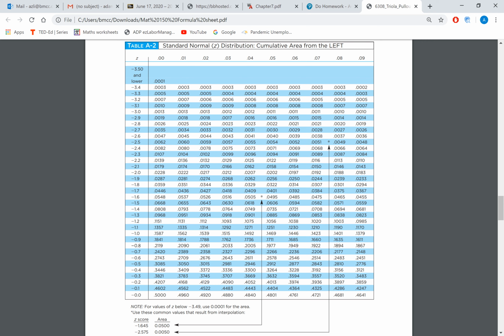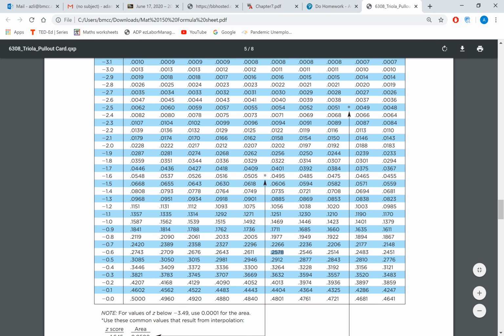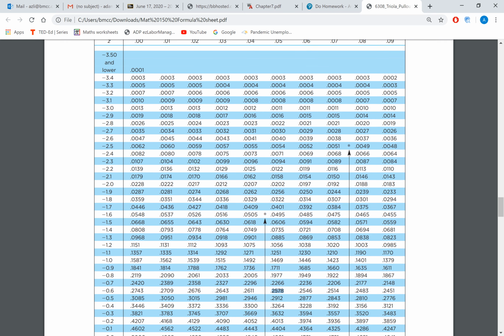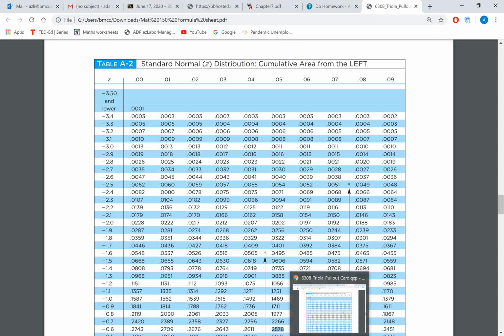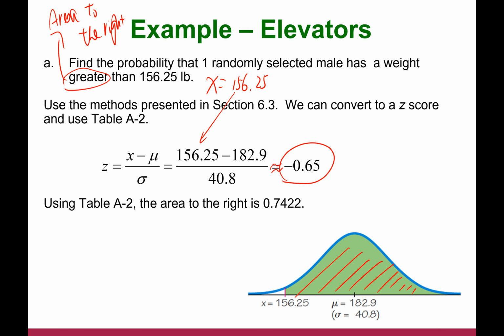Use negative 0.6 and 5, where they intersect. The intersection turned out to be 0.2578, and that's what we're looking for.